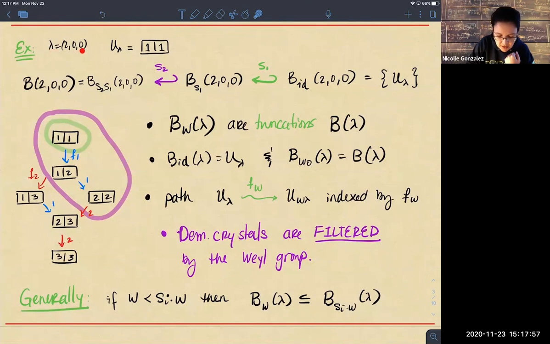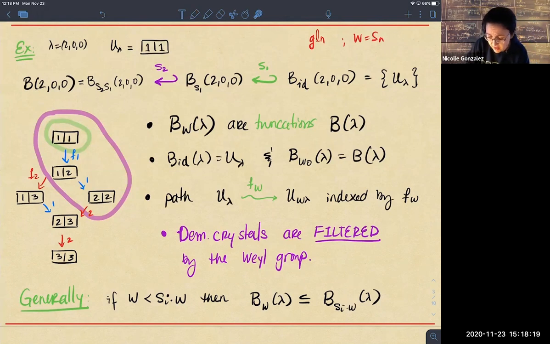So for example, in the case where lambda equals 2, 0, 0, we have our highest weight as before. Here we're working with GL_N, so then W is just S_N. So here we really are looking at just partitions, and our W's are straight up going to be permutations.